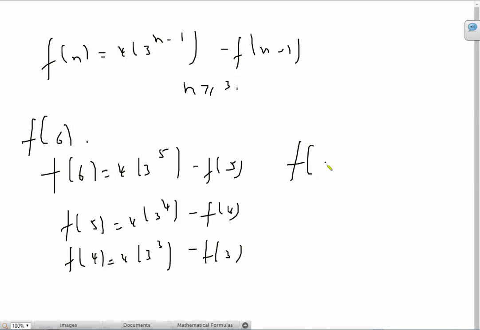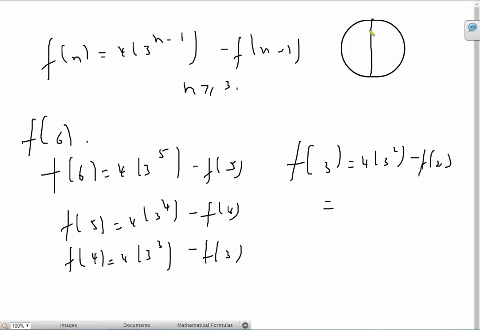And finally, f of 3 equals 4 times 3 raised to 2 minus f of 2. And now, since we can't evaluate f of 2 by this expression, we have to calculate it manually, and it was pretty obvious what f of 2 was. Basically, you've got these two sections over here, and you can color this one in 4 ways, this one in 3 ways, so that's 4 times 3, that gives us 12 ways. So I have 4 times 3 squared minus 12.